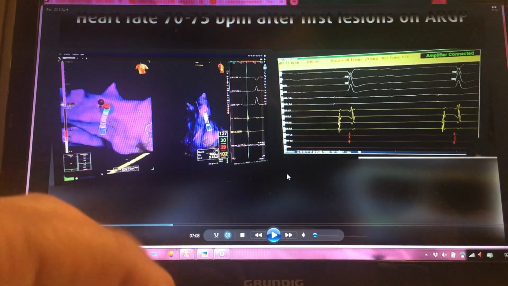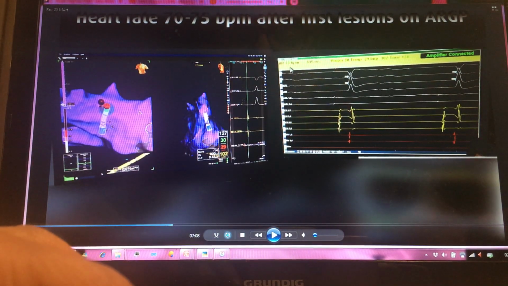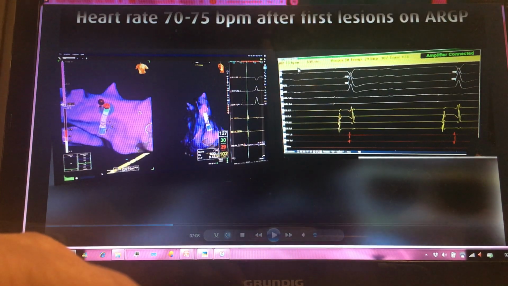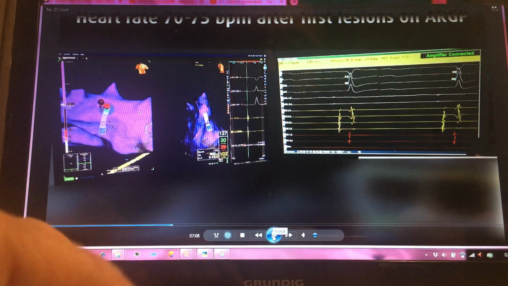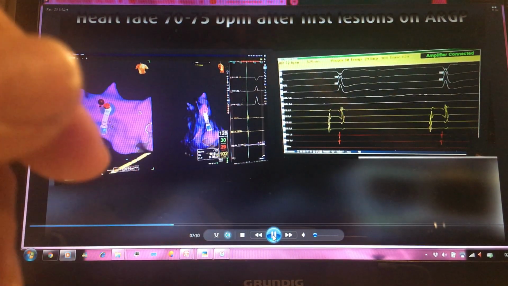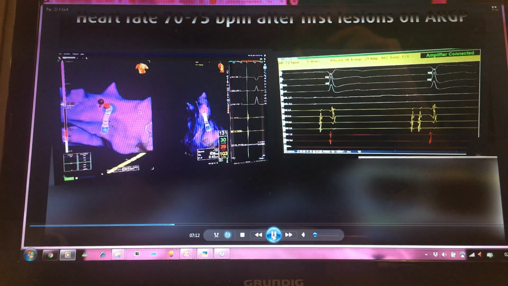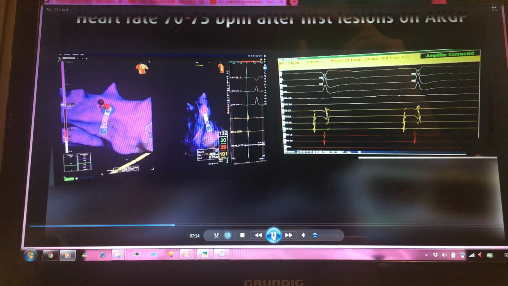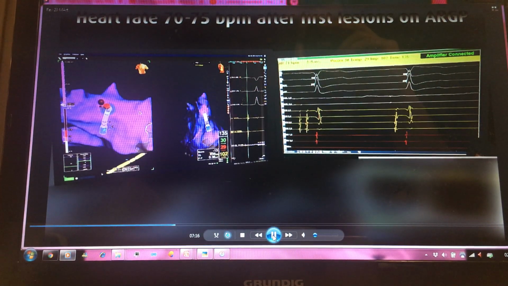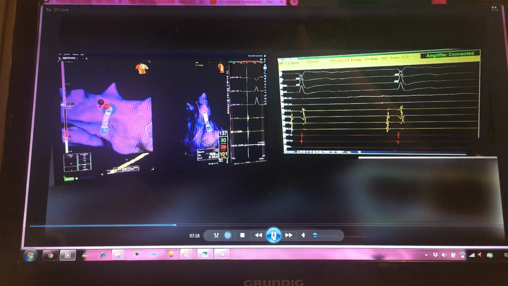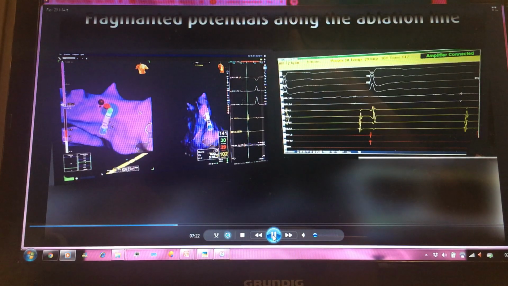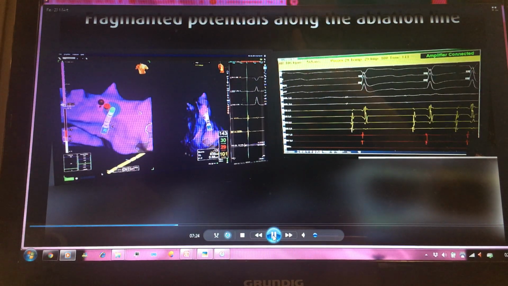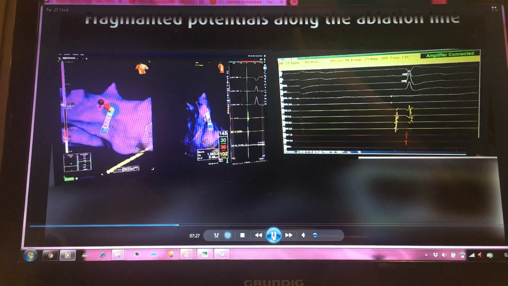If you look here, heart rate is now 70 to 75 BPM after a couple of lesions on the ganglion A sites, a little bit of an increase. We are still performing ablation. You can see fragmented potentials along the ablation line.